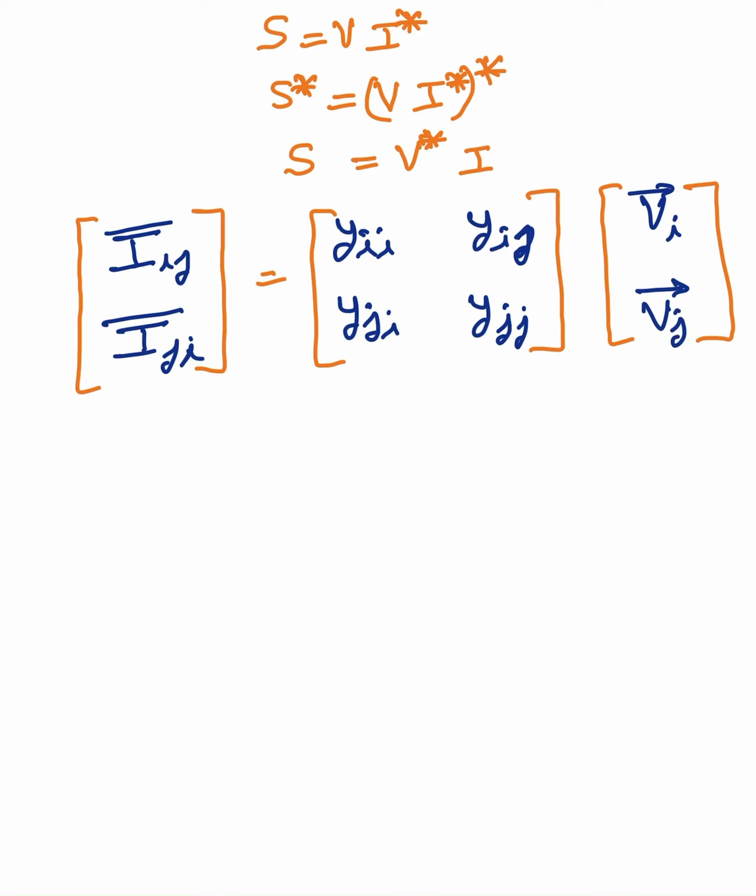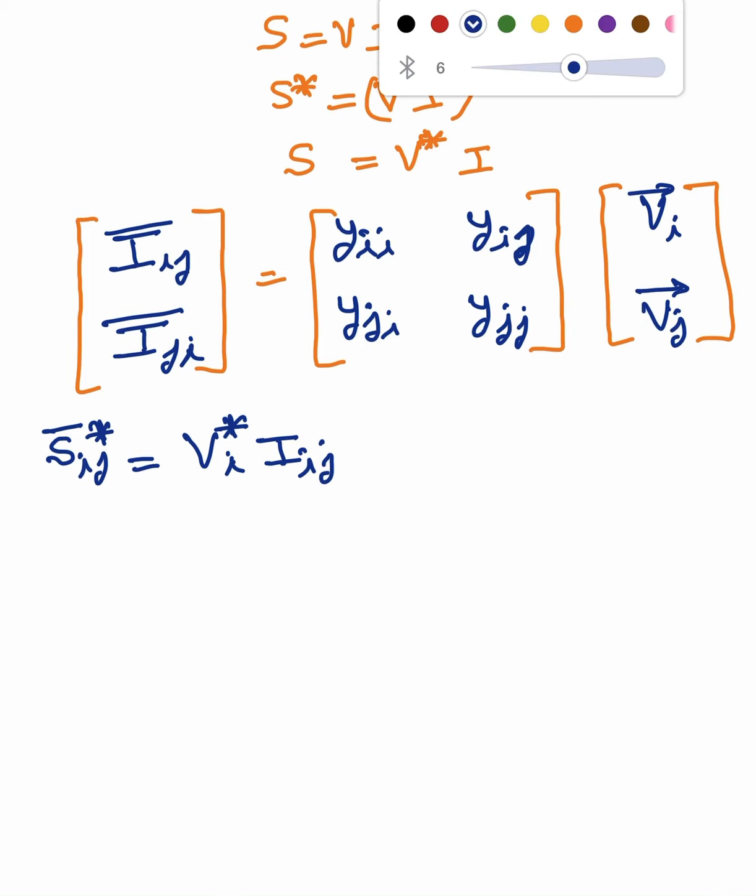Now what is the value of SIJ conjugate? You can write VI conjugate into IIJ, because this is the S conjugate.